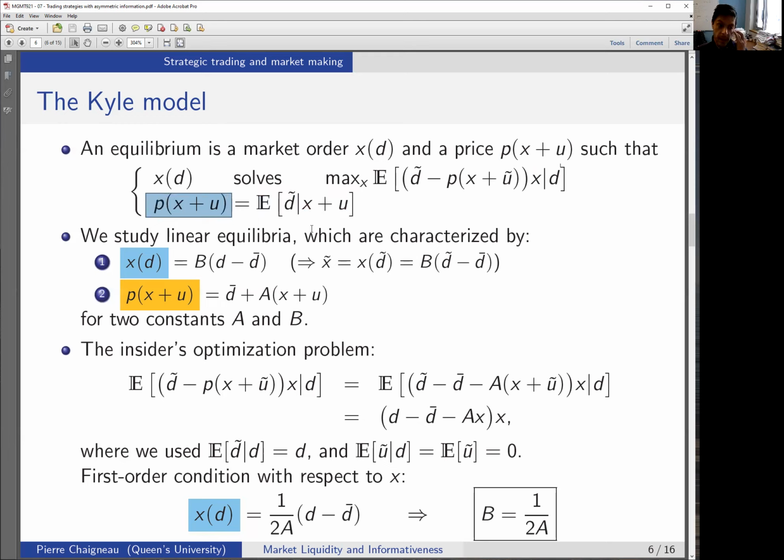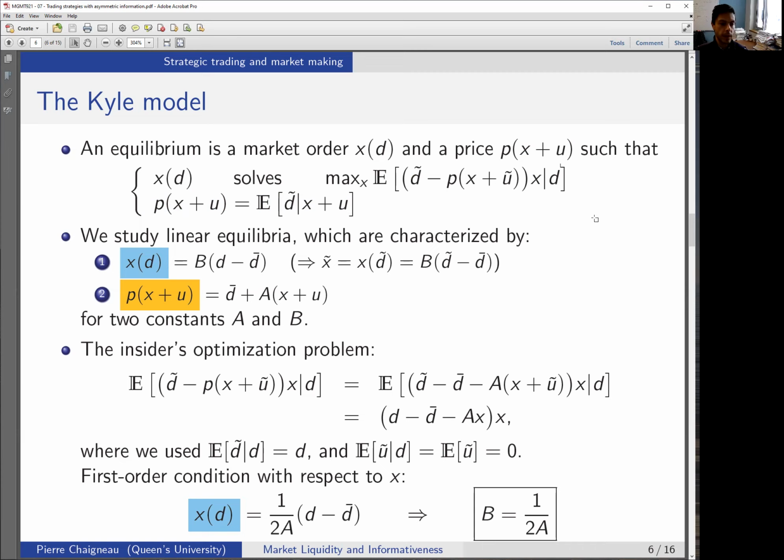In expectation, conditional on the information of the market maker, which is X plus U, and we have X plus U here as well. So in other words, if this condition is satisfied, then in expectation the market maker will make zero profits, i.e. he will break even.